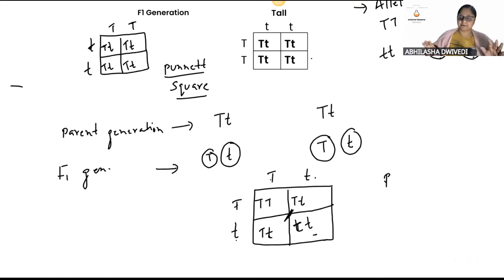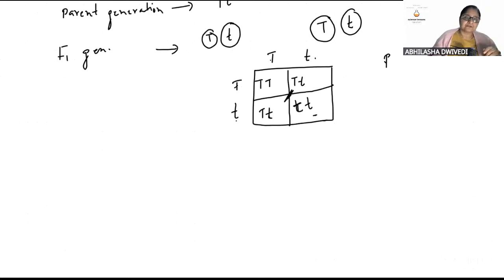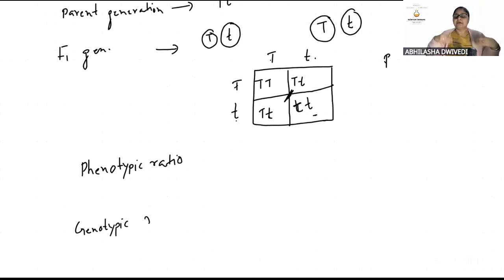There are two words, ratios, you might have heard of in a lot of questions. One is called phenotypic ratio, and the other is genotypic ratio. What is the meaning of this? Phenotypic means how it looks, how it appears.